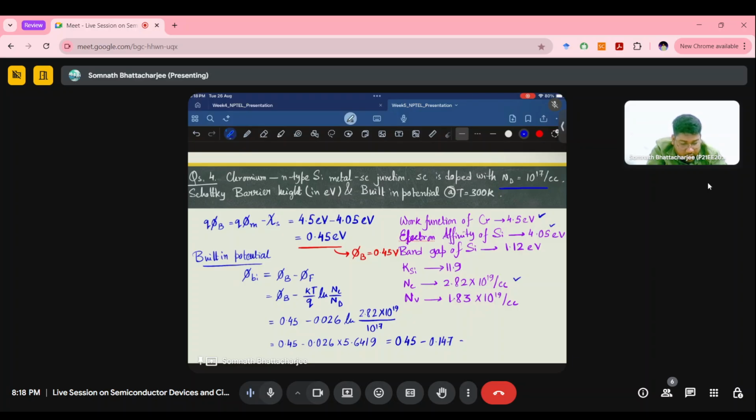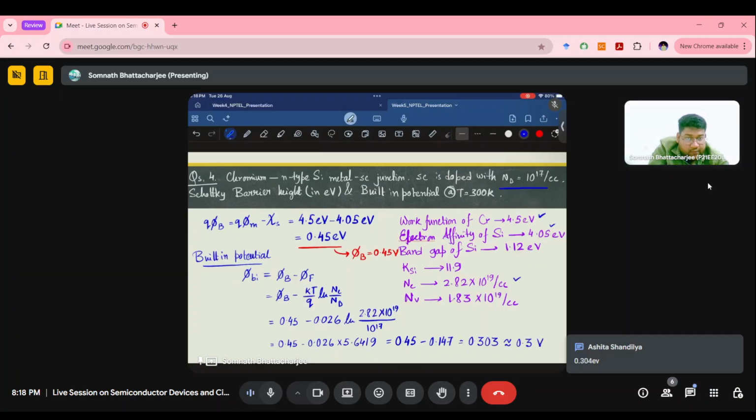So the value is 0.147. 0.45 minus 0.147. The value is 0.303, or we can write it as 0.3, but in volts, 0.30.